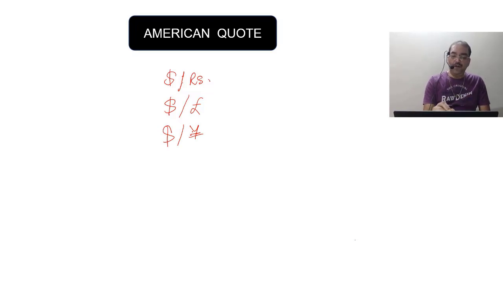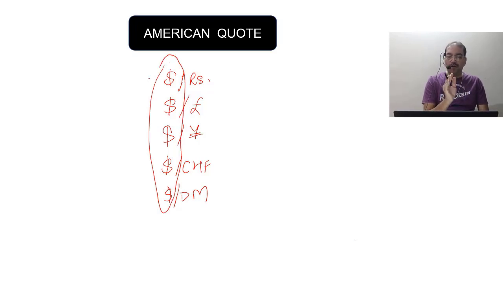For example, if I have Singapore dollars or CHF, I will have dollar to CHF. Deutschmark, DM, will be dollar to Deutschmark. So what do you notice in all this? The first currency is always the dollar.